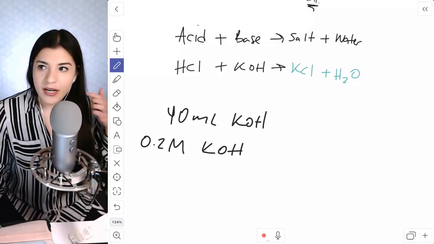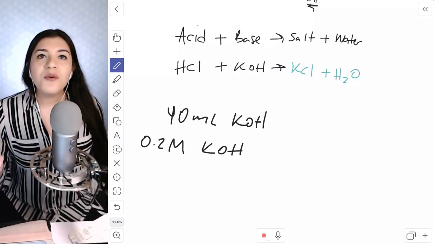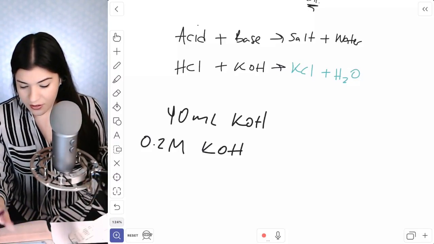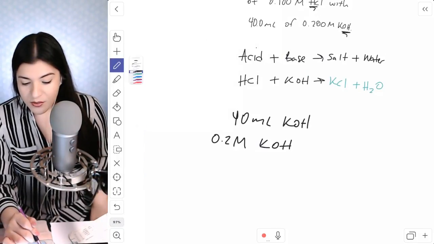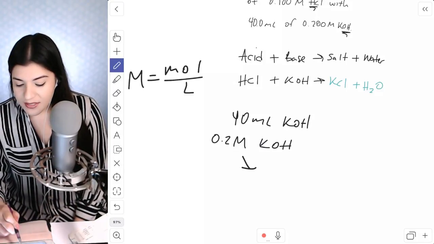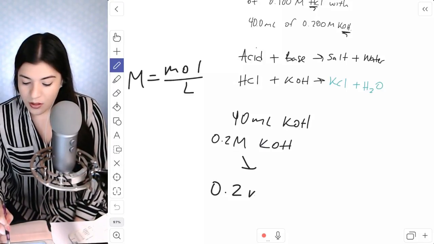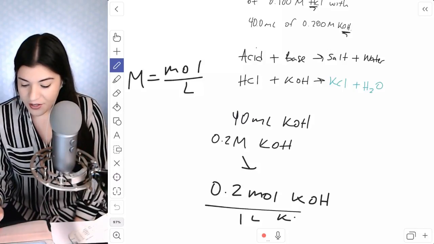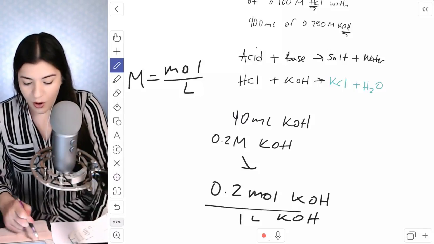Whenever I see molarity with these types of questions, I automatically break it apart. Molarity is really just moles divided by liters. So I'm going to rewrite this as 0.2 moles of KOH divided by 1 liter of KOH.